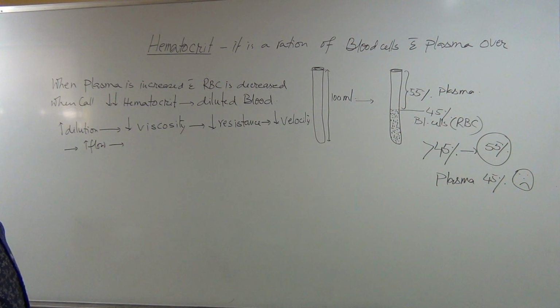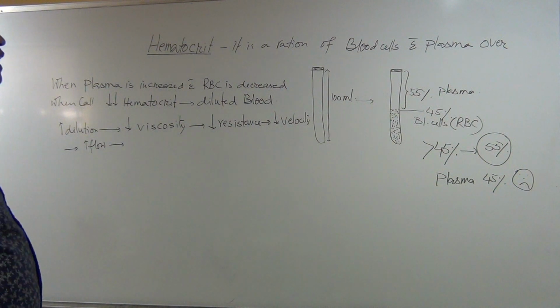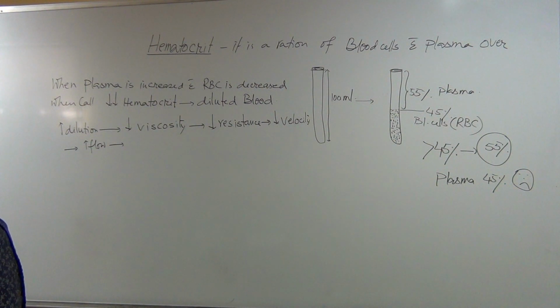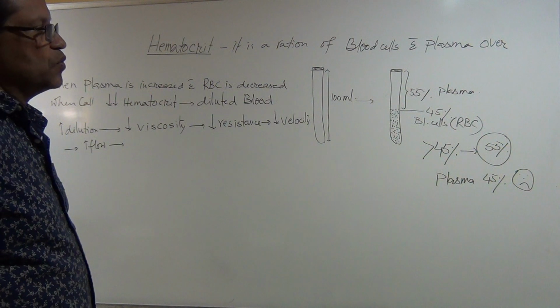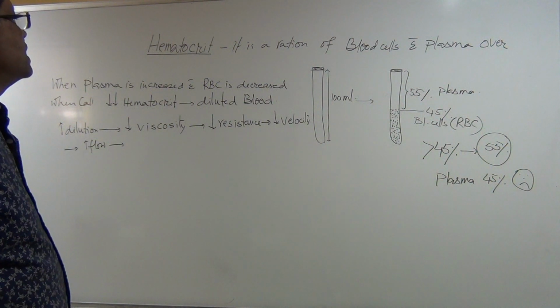Okay, so now in any condition, if you see the fetal intracranial arterial velocity is increased, then you have to understand the resistance is increased. And what can cause the resistance?